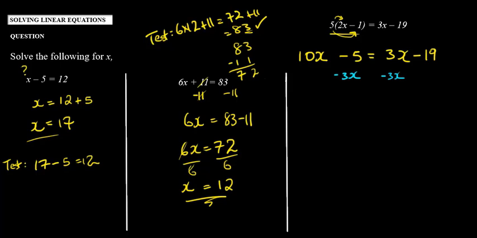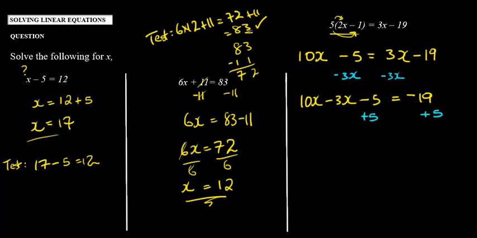So that means 10x minus 3x minus 5 would be equal to minus 19. x is still not by itself because we are subtracting 5 from the x terms. So to get rid of that, we would add 5 to both sides.